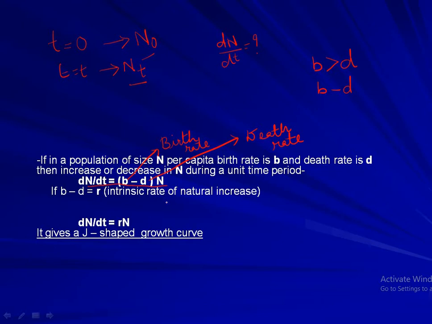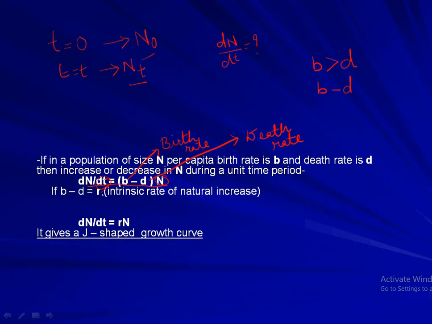You remember, whenever we are talking about b or d, we are talking about per capita birth rate or death rate, that is the number of births or deaths that happen per organism per year. So per year has been taken care of by dt, and per organism has been taken care of by N.